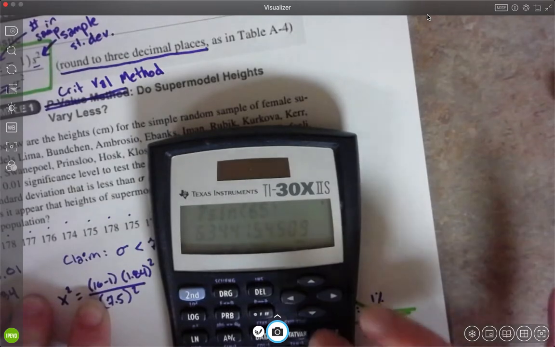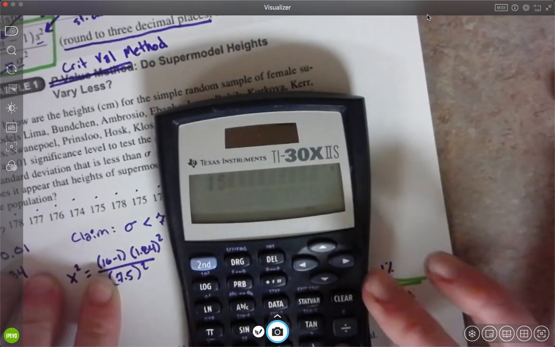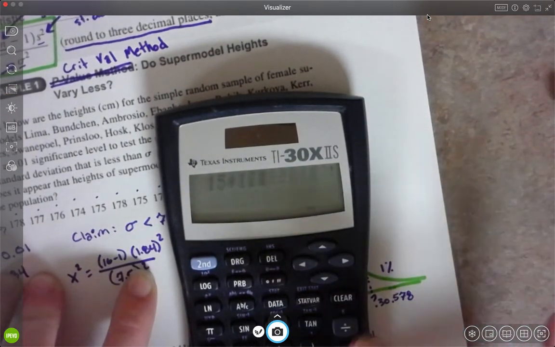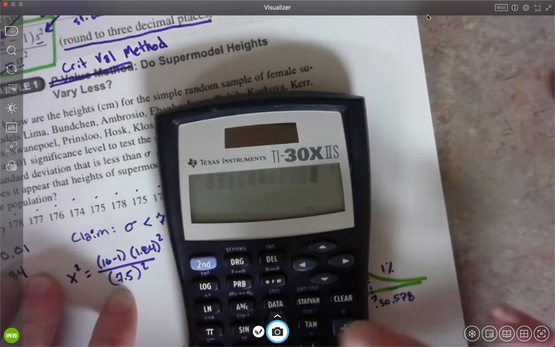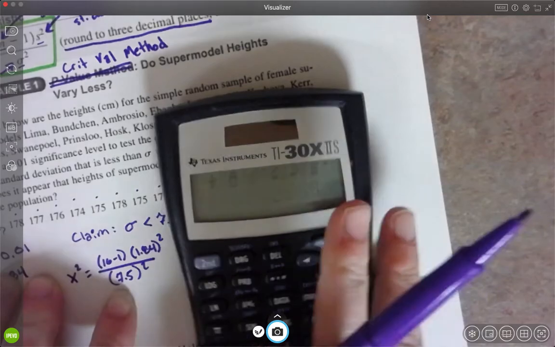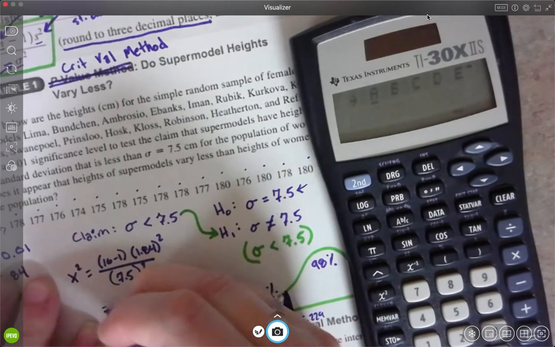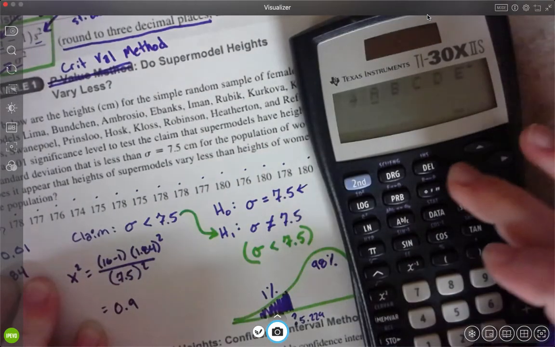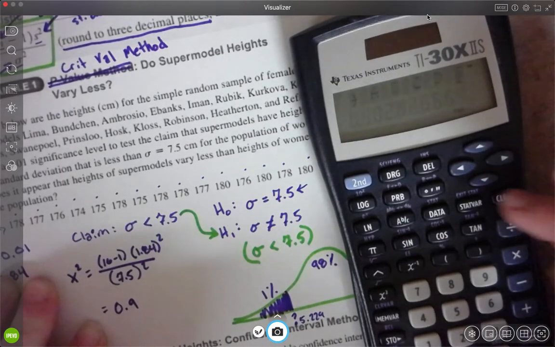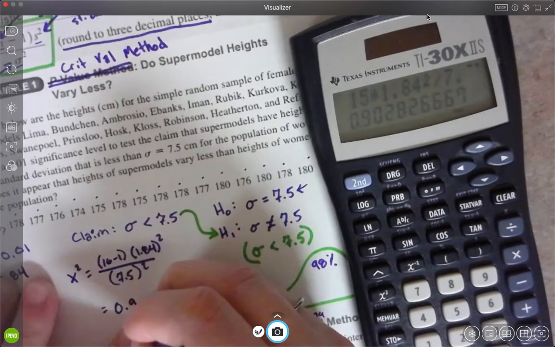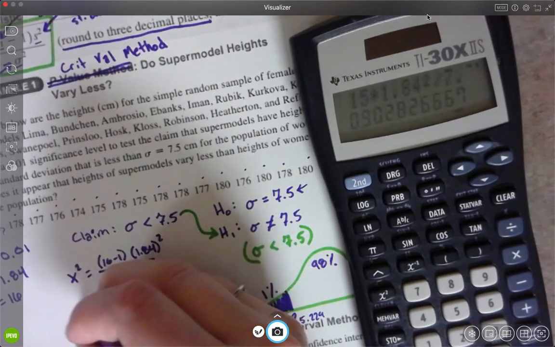So I'm going to do 15 times 1.84 squared divided by 7.5 squared. And that's going to give me 0.903, we'll say. That's my chi-squared that I'm comparing to, okay?